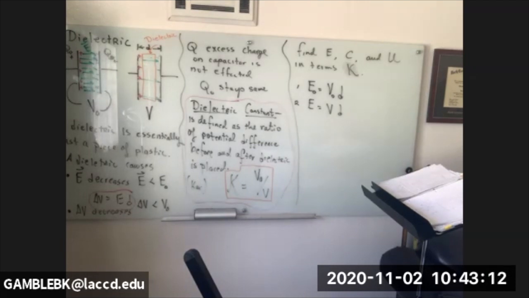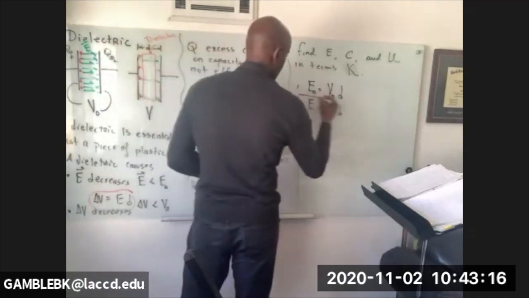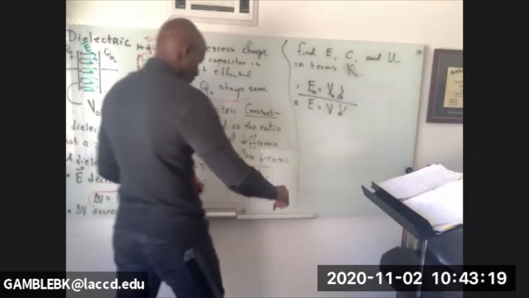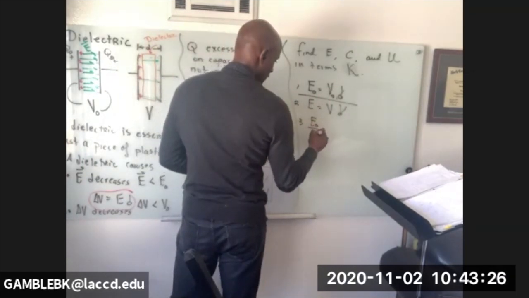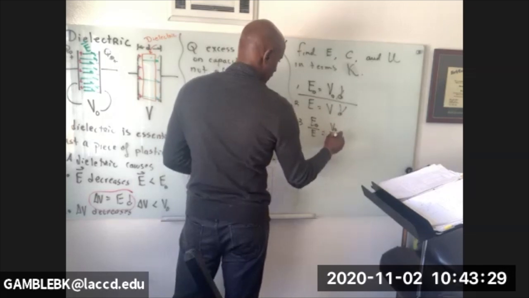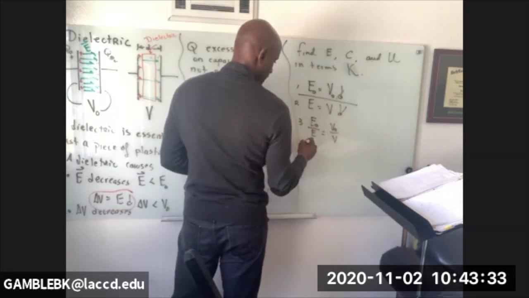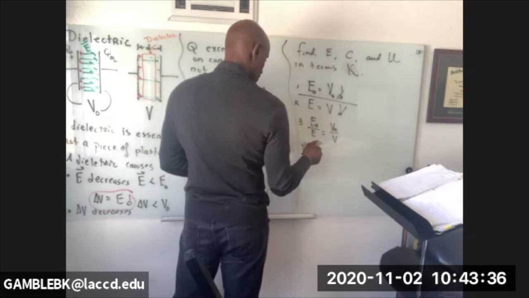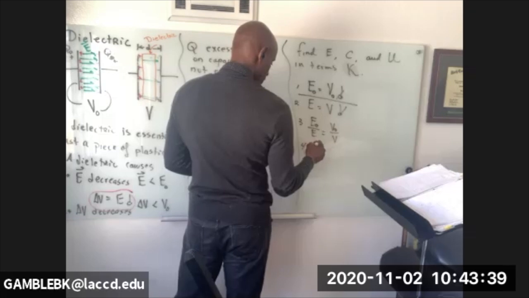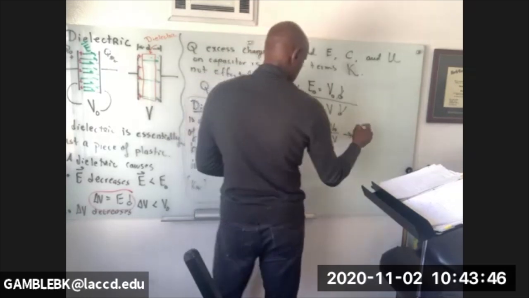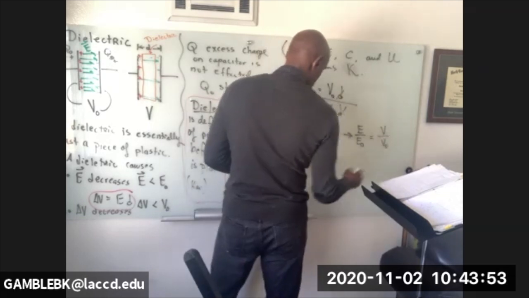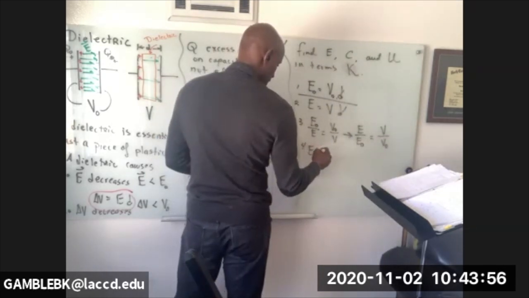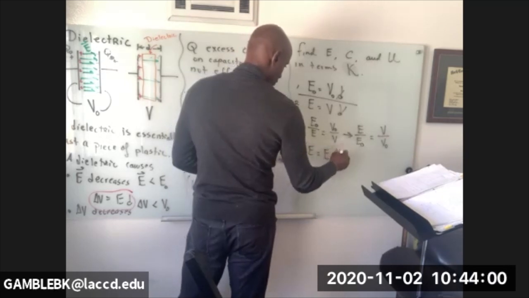We can just divide the equations. We divide them, the D goes out, and we get E naught over E is equal to V naught over V. We want to solve for E in terms of E naught, so that's the same as E over E naught equals V over V naught, so that E is equal to E naught V over V naught.